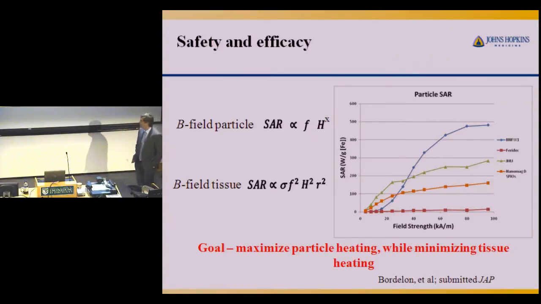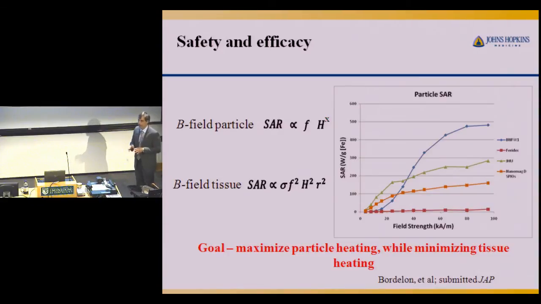Tissue, on the other hand, when one exposes a large region of tissue to an AC magnetic field, there is some interaction with the tissue. There is some power deposition, and it scales with frequency squared, magnetic field amplitude squared, and also, to a first approximation, the radius of the volume of tissue that's exposed.